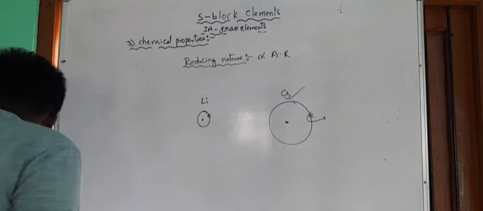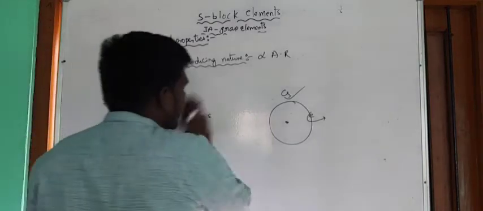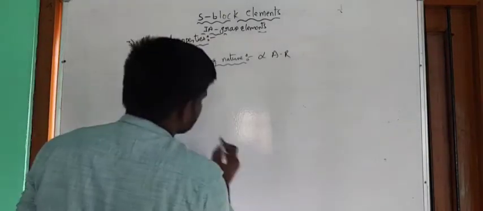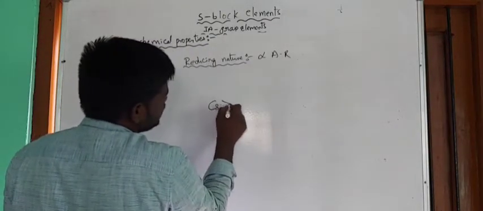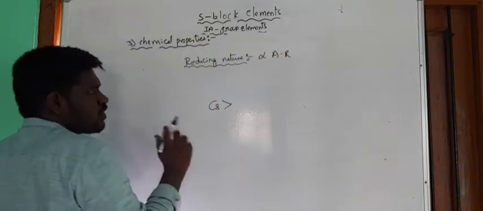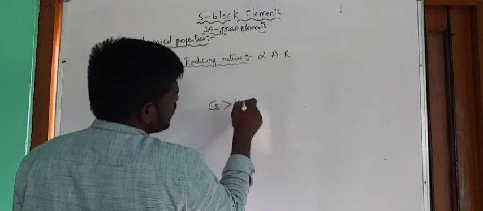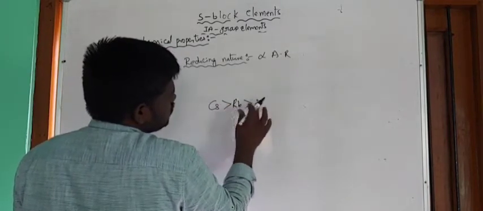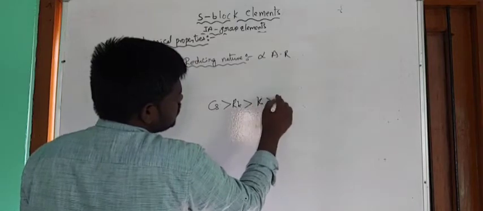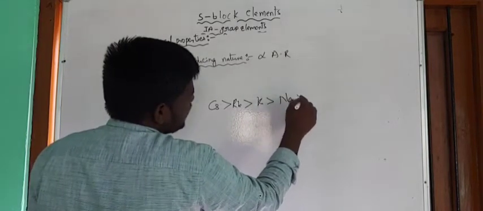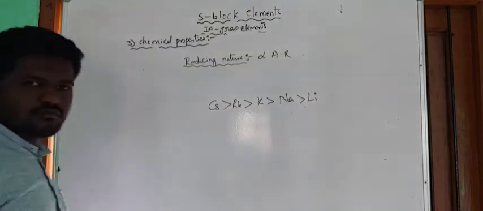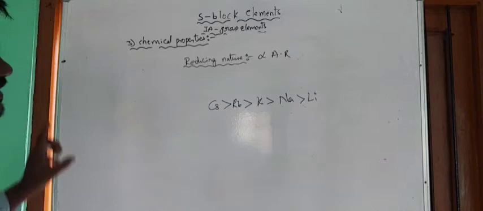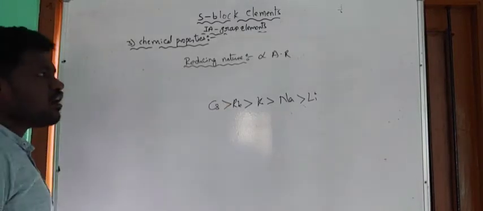So from top to bottom we can expect the reducing order: cesium has more reducing capacity than rubidium, potassium, sodium, and we can expect lithium last. This is the expected order because when atomic radius increases, the reducing nature also increases.